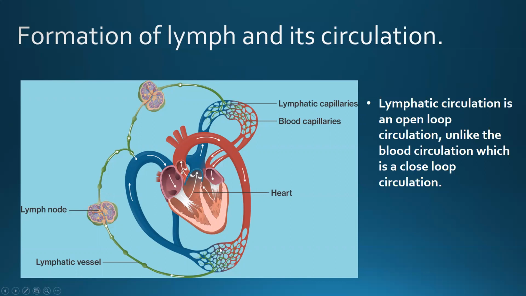They just start here and then flow in the lymphatic vessel, lymphatic nodes, and lymphatic trunk before it returns back to the veins through the lymphatic duct. So this is what we call an open loop. It is open circulation because they are not returned back to this part. I hope you understand.